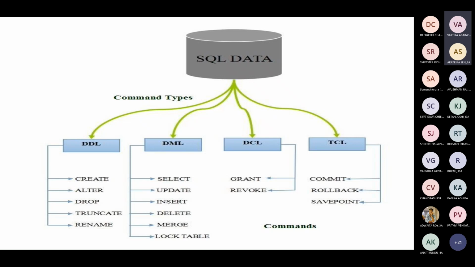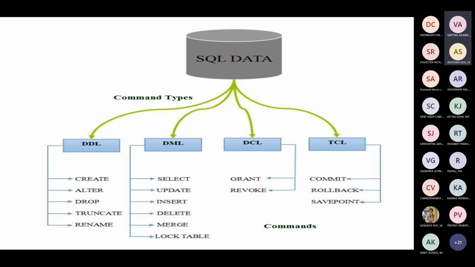Commit means, suppose you are doing some manipulation. You are inserting, deleting, modifying some data. You need to commit this set of transactions, otherwise it won't get saved in your database. For saving, you use the commit TCL statement. Whereas rollback, as the name suggests, means you roll back whatever transactions you have done.